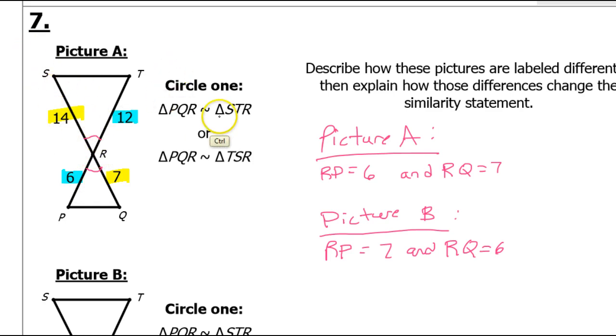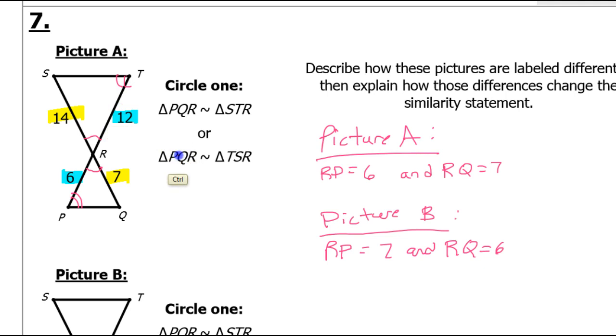But look at the pattern. Angle S, okay, so angle PQR, so angle P is connected to the 6, which is blue. Okay, I'm going to double mark this. So angle P is connected to the blue, and angle T is connected to the blue.